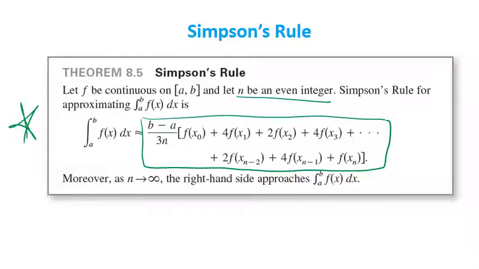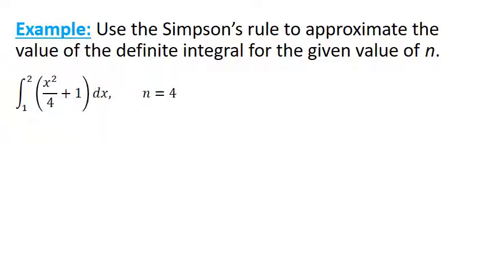And there are a couple differences with a coefficient of 4 and 2 alternating. And instead of 2n in the denominator, you will have 3n. So what I'm going to do is show you how to use Simpson's rule on the exact same example.